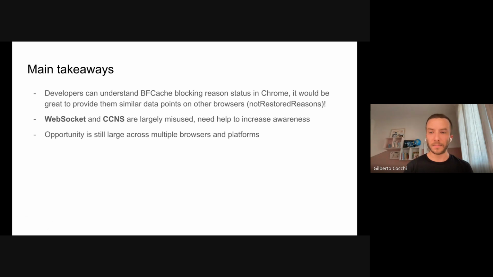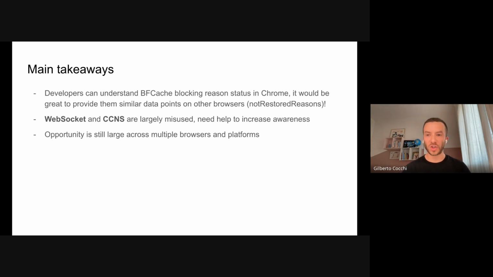In my opinion, it's helpful to provide developers insights, whatever they are, to help them understand if BFCache is not triggering, why it's not, and whether it's actually something they can do something about, or they should reconsider the APIs, the usage, or maybe go through their friendly browser vendor backlog, maybe open a feature request to ask gently to support it. So I think reporting reasons is helpful for many reasons, both for developers, RUM vendors, and browser vendors overall.